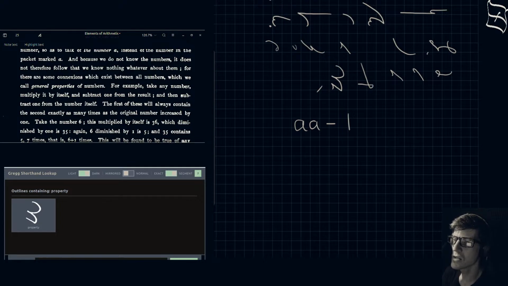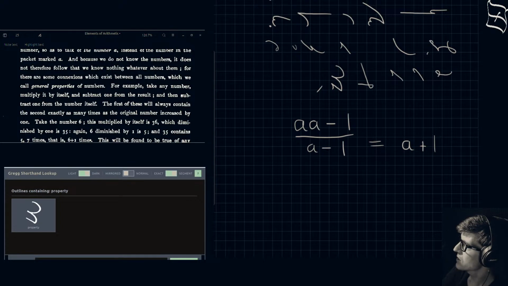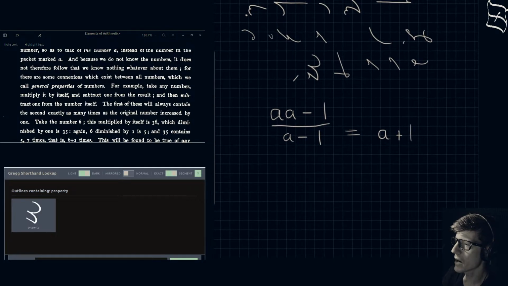If we have a plus 1, and we take a times a minus 1, divided by a minus 1, this is going to be equal to a plus 1.